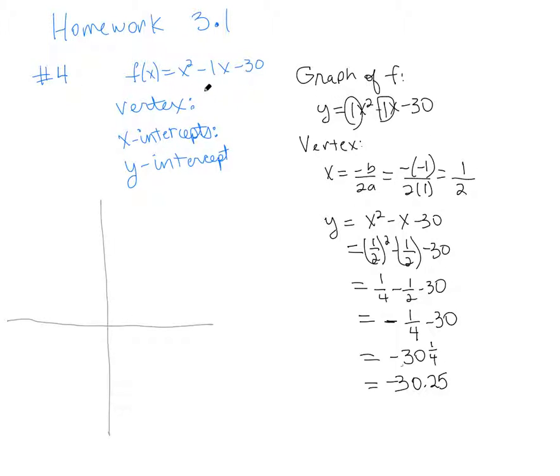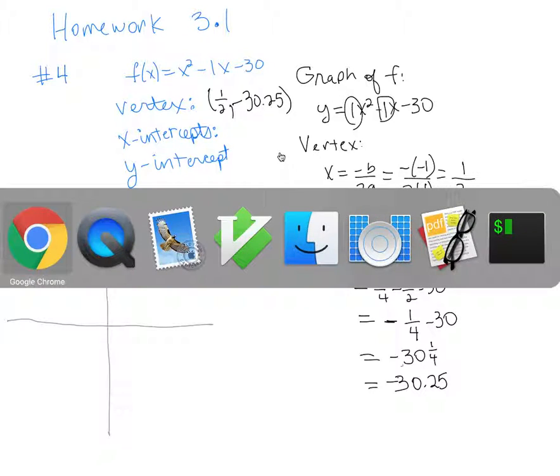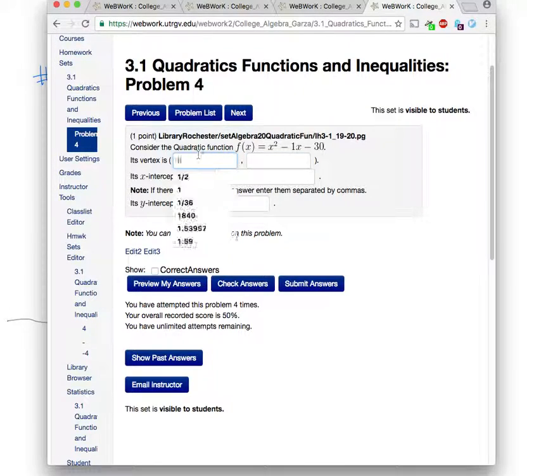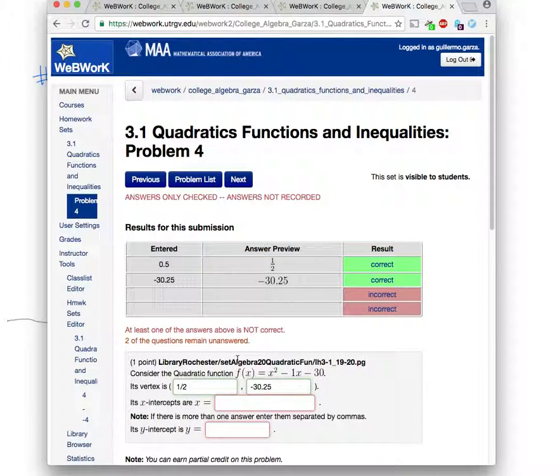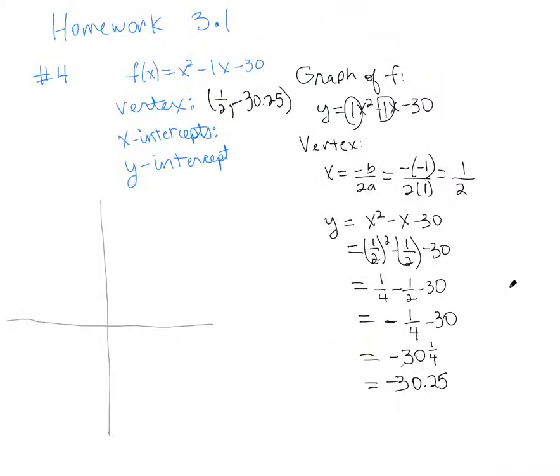The x coordinate is 1/2, and the y coordinate is negative 30.25. We can take that and check that in WebWork if we want. And yeah, that's correct.